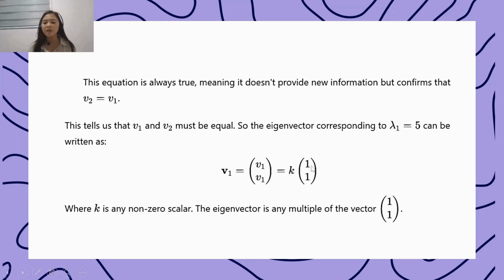So this is 1, and our v sub 2 here is also 1. So where k is any non-zero scalar, the eigenvector is any multiple of the vector 1, 1.